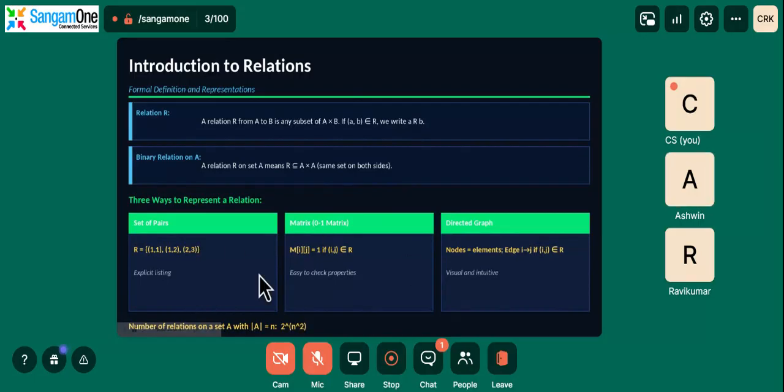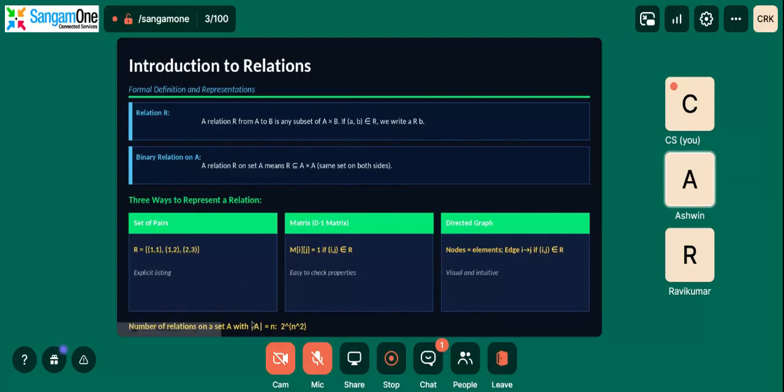Some problems come with this, though you will rarely see them, and they may also be in set builder form. Third, a directed graph, with nodes as elements and an edge (i, j) if (i, j) belongs to R. It is visual and intuitive, and you can get directed graphs in advanced questions. We will solve all of that.